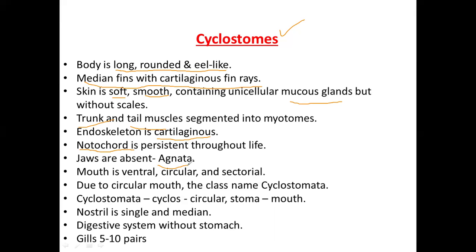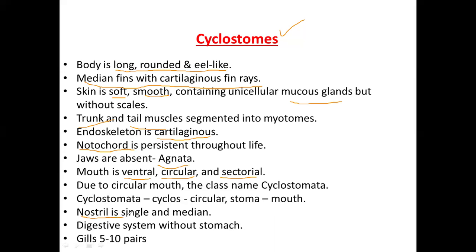The mouth is ventral in position and circular. As I said in the beginning, all the organisms with a circular mouth come under cyclostomes. It is suctorial in nature, so food enters the mouth by sucking. Due to the circular mouth, the class name is Cyclostomata. Cyclos means circular, stoma means mouth.